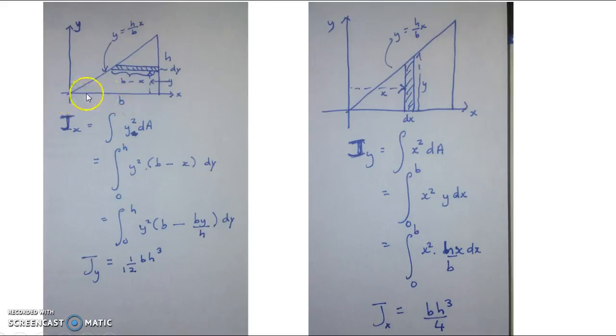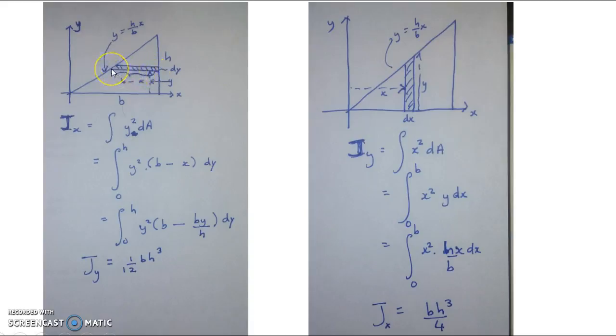So I'm looking at the x-axis now, and the perpendicular distance from the x-axis to the strip is y. So I end up with the integral of y squared dA, and I'm using a strip that has a length of dy, and my other dimension here has to be in terms of the parameters given.